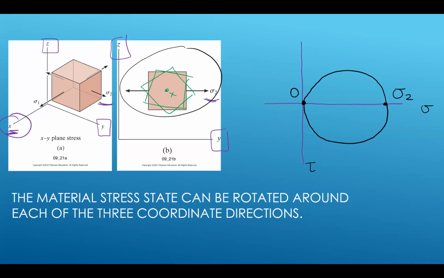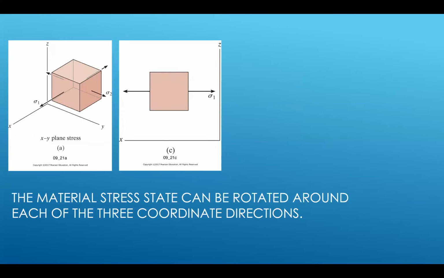Now we can look at this from the perspective of the y-axis. And when we look at it from the y direction, so we come out here and look this way, now our sigma 1 is the only in-plane normal stress if we're looking at the xz plane as our plane.